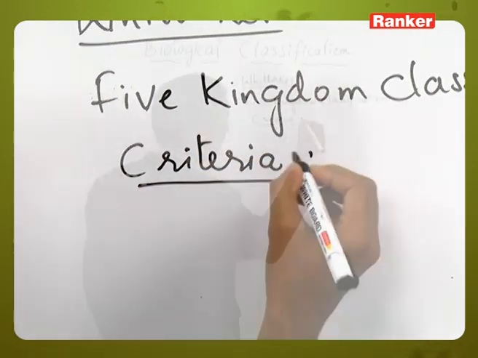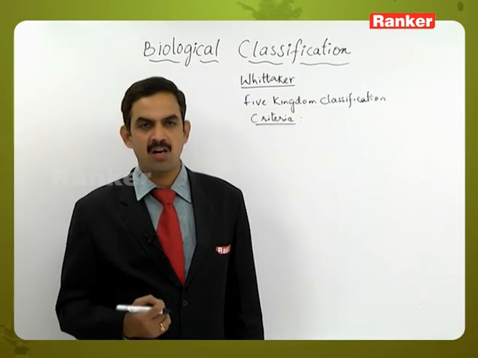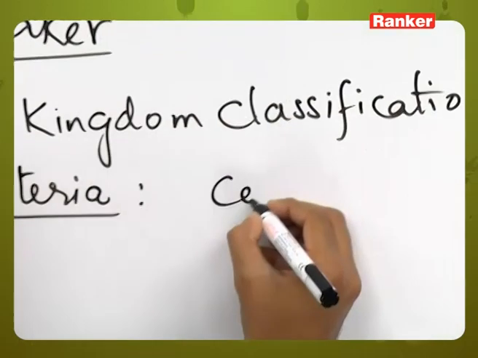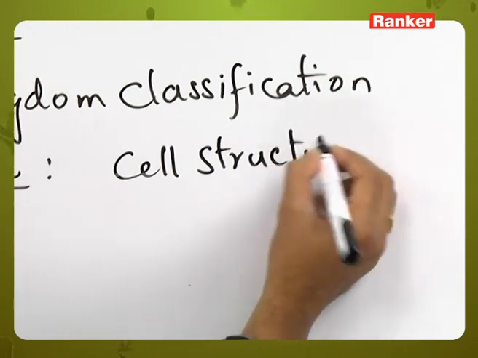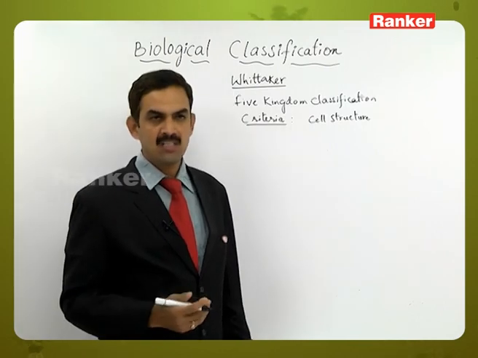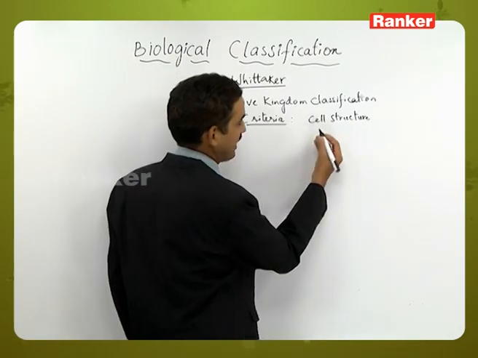So here the criteria is the most important thing, which helps in giving the best or the more suitable system of classification. So for this one he had taken one criterion as cell structure, that is whether the cell structure is unicellular or multicellular in nature, or other features related to the cell structure.